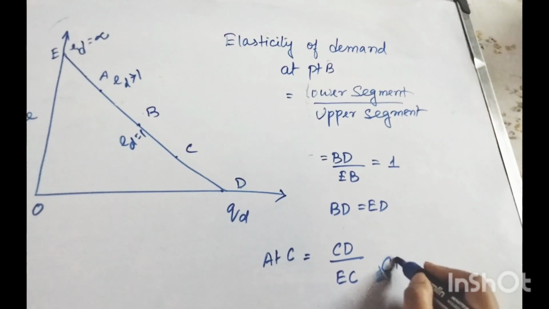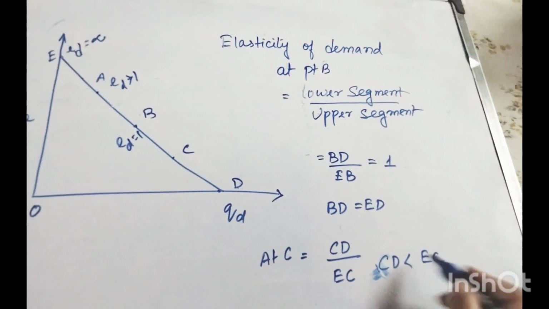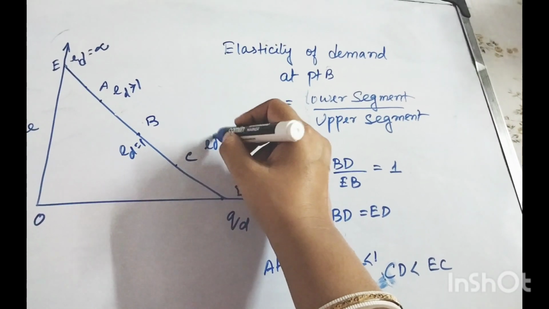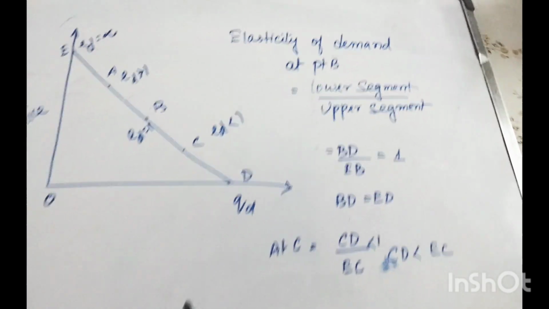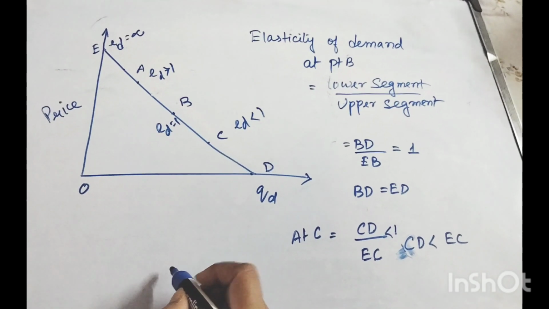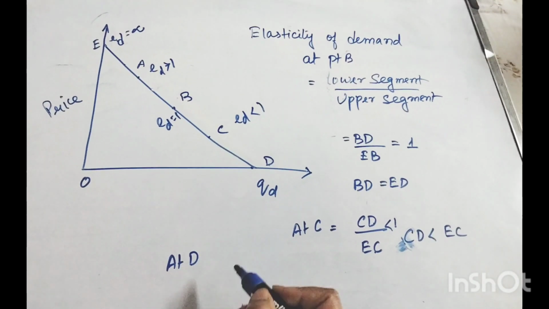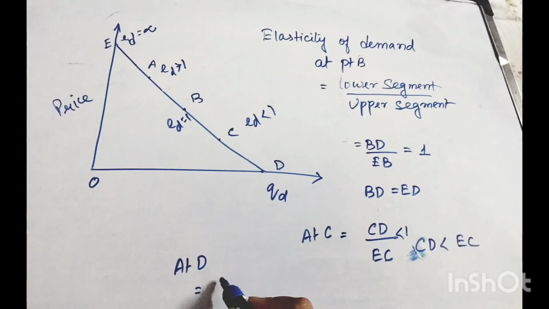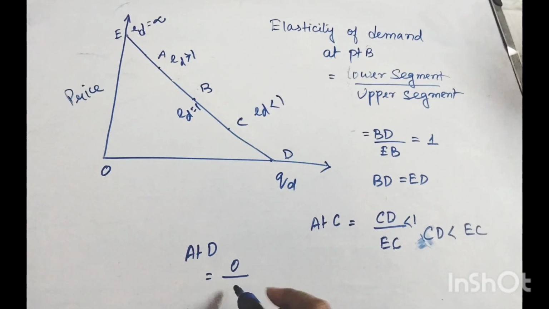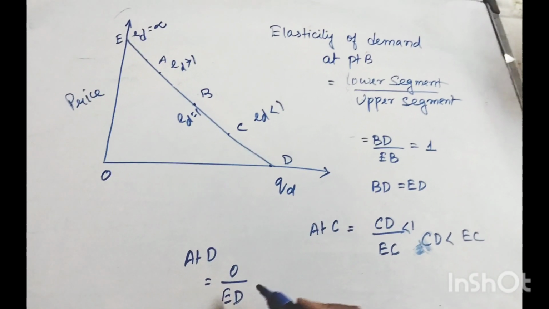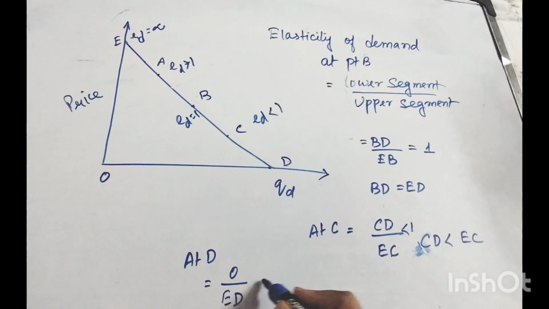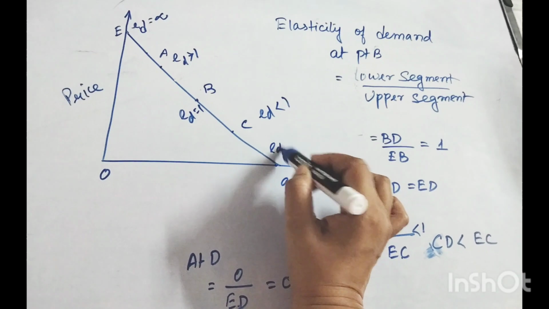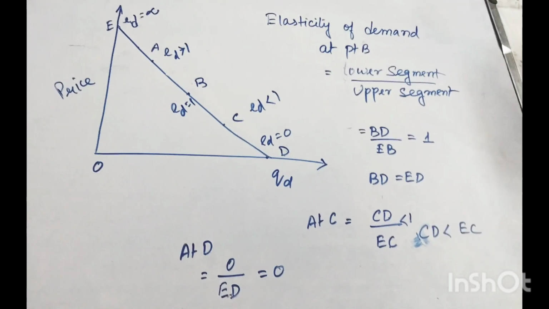CD is less than EC, so CD by EC will be less than 1. That means at this point ED will be less than 1. Again, at point D, the lower segment is 0 and the upper segment is ED, so this is equal to 0. That means at this point ED will be equal to 0.